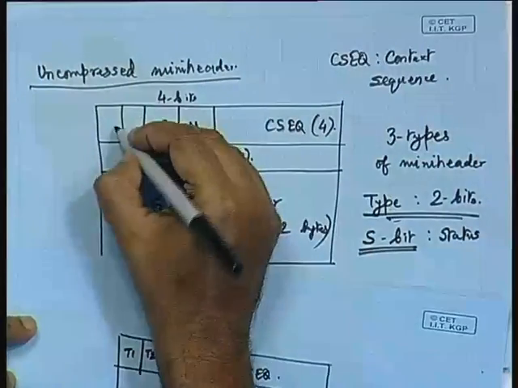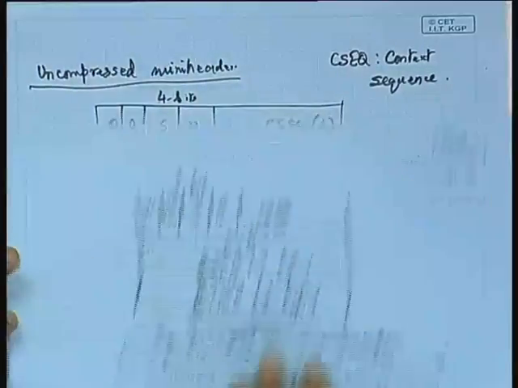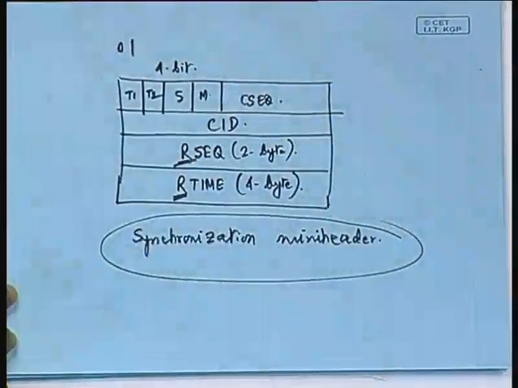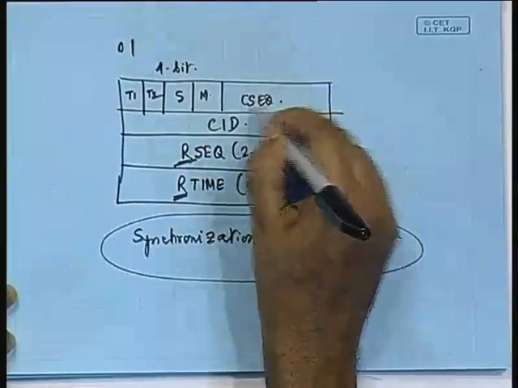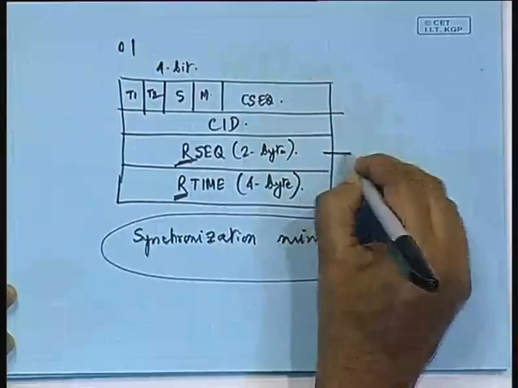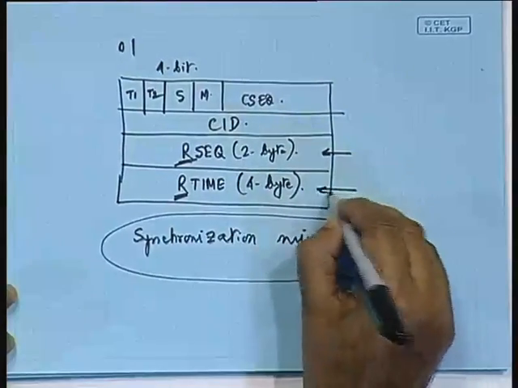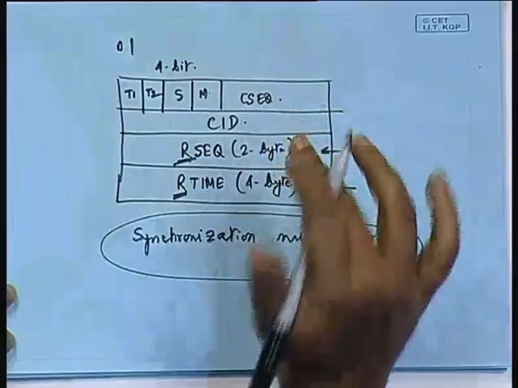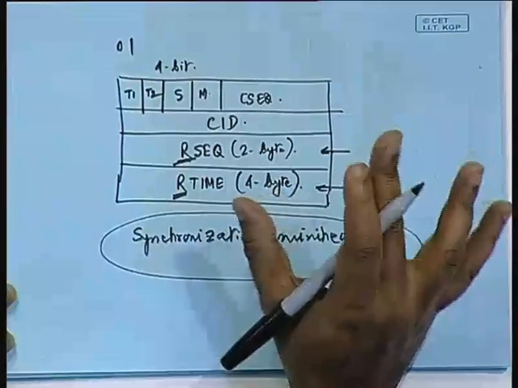If you put 00 for the uncompressed, you will be putting maybe 01 for the synchronization mini header. The C sequence and the CID remain as they are, but you have to add the extra R sequence and R time. So, from time to time one has to send these synchronization mini headers.